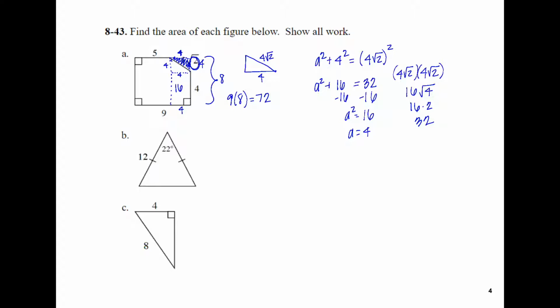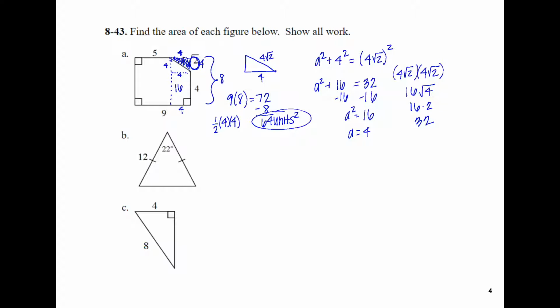So 1/2 times 4 times 4, half of 16 is 8, so 72 minus 8 would tell us that the area of our shape is approximately 64 units squared. So remember, there's lots of different ways to do that, but that is just one way.